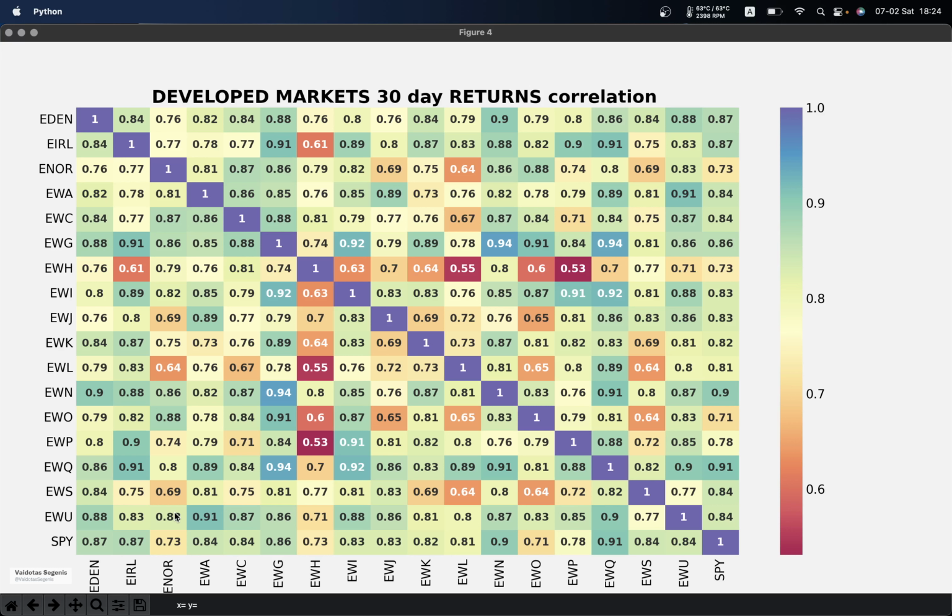So during our last Twitter Spaces, I was talking about a new spread position I added, which was EWH versus EWO. Those correlations are a bit higher than before, but you can still see the main reason why I chose those.